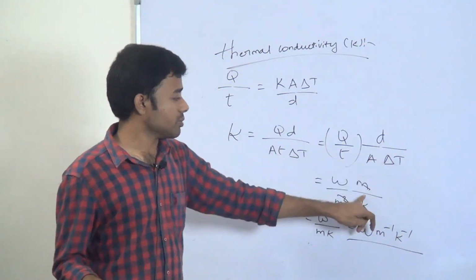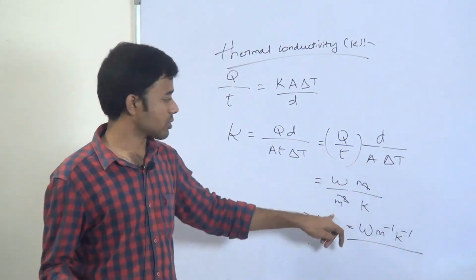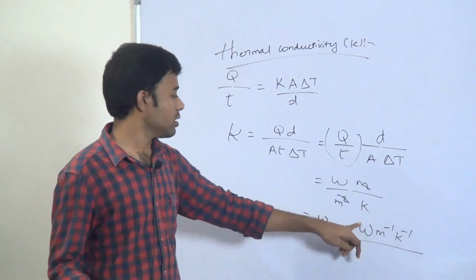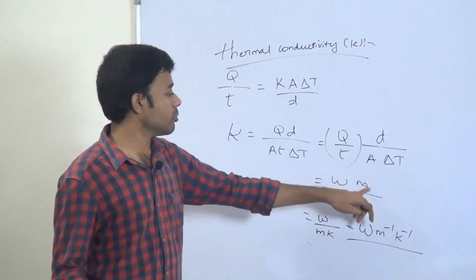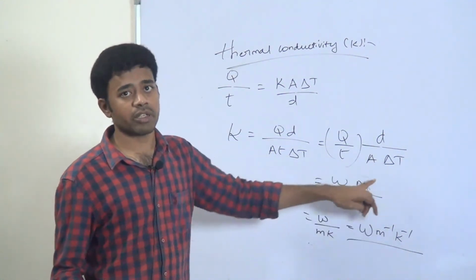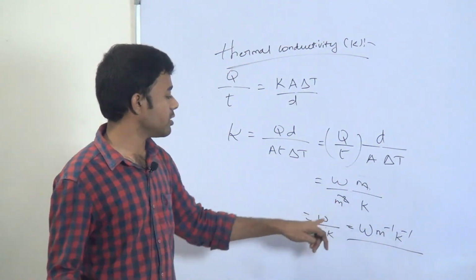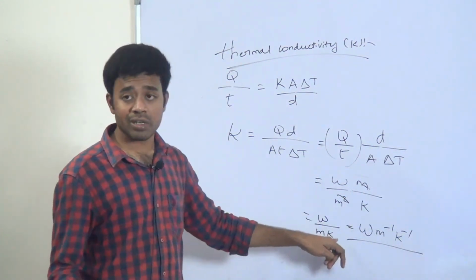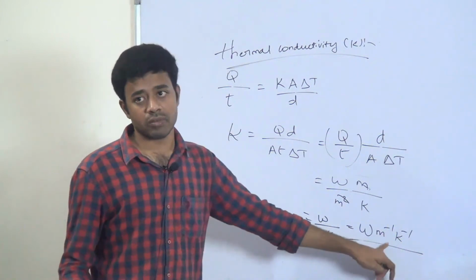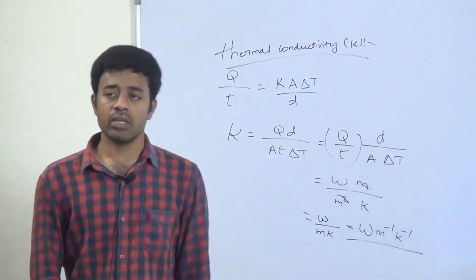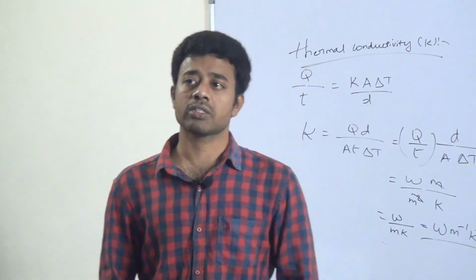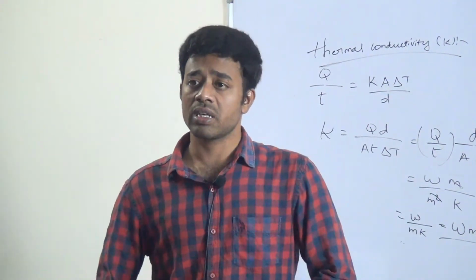The distance is in meter, area is meter square, and the change in temperature is Kelvin. So watt into meter by meter square into Kelvin, and meter will get cancelled. So watt by meter into Kelvin, that is watt meter inverse Kelvin inverse, which is the unit of thermal conductivity K. It is option C.